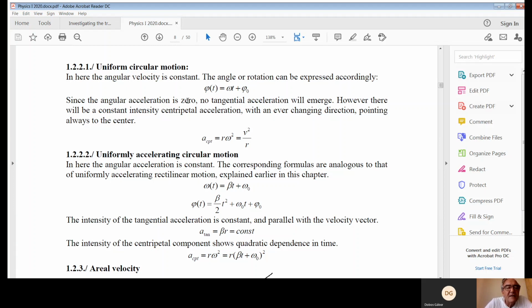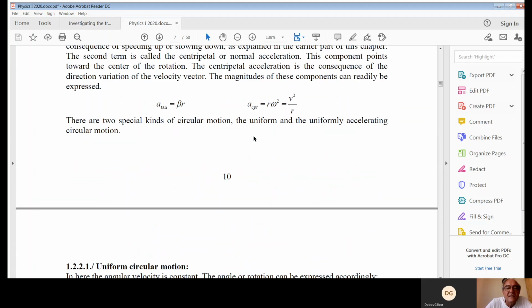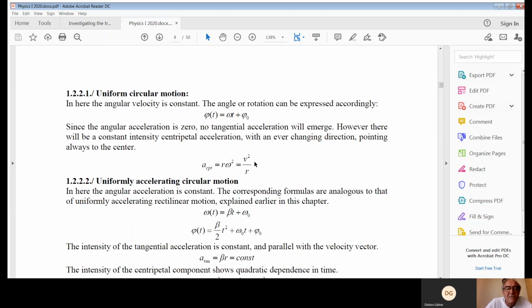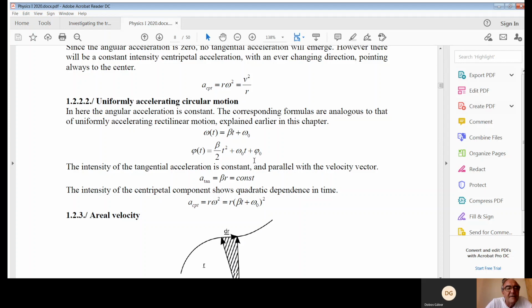And angular acceleration is 0. No tangential acceleration will show up. However, there will be constant intensity centripetal acceleration, and this one is that. So these formulas appear when the beta is 0, this is gone, and the v square over r, omega square is what we have still there.